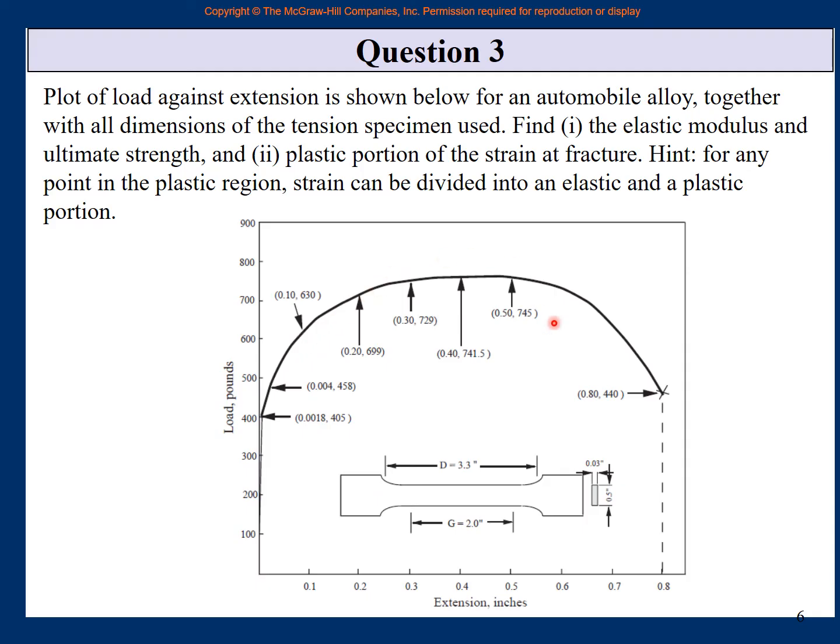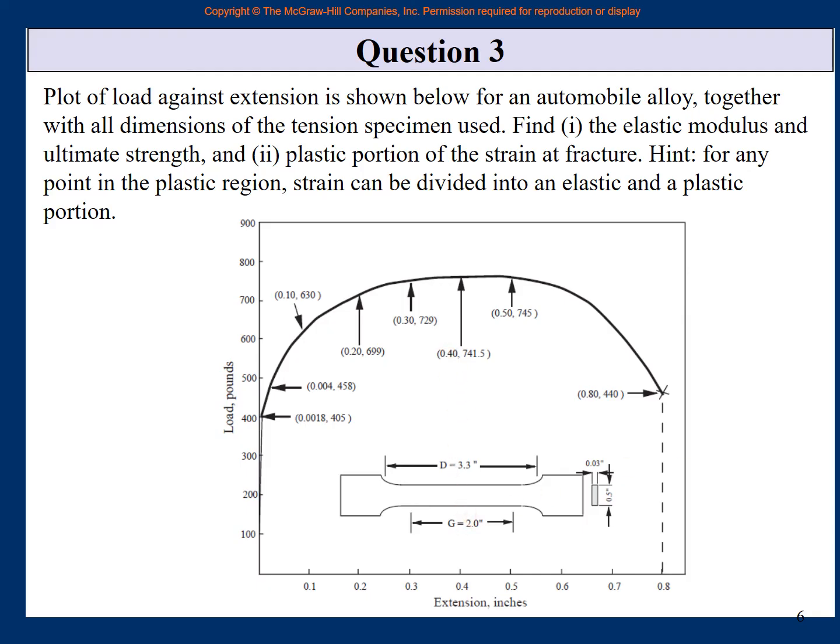So from any of these points, if you take the load in pounds and divide it by this cross-sectional area in inches squared, you will get pounds per square inch as the stress. And from any point, if you get the extension or change in length, then delta L upon L naught, so 0.4 upon 2, you will get the strain.